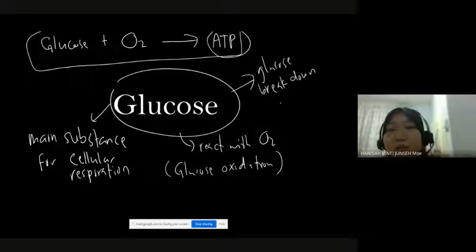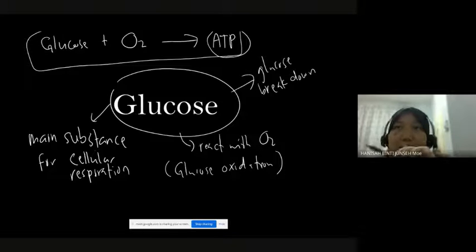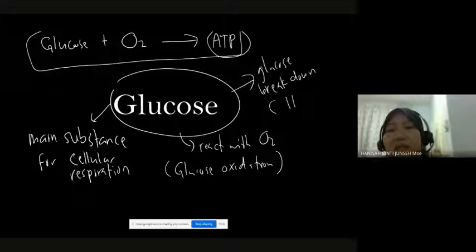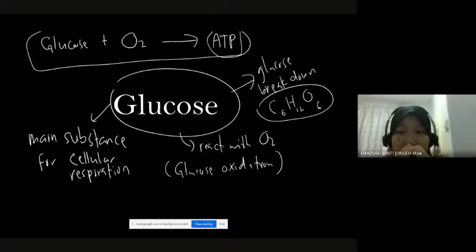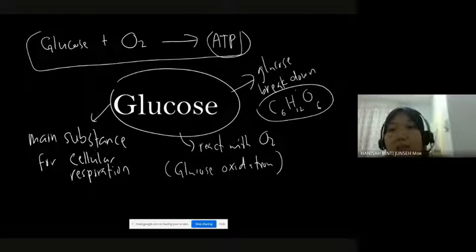The equation for glucose is C6H12O6. This glucose will undergo a breakdown process.